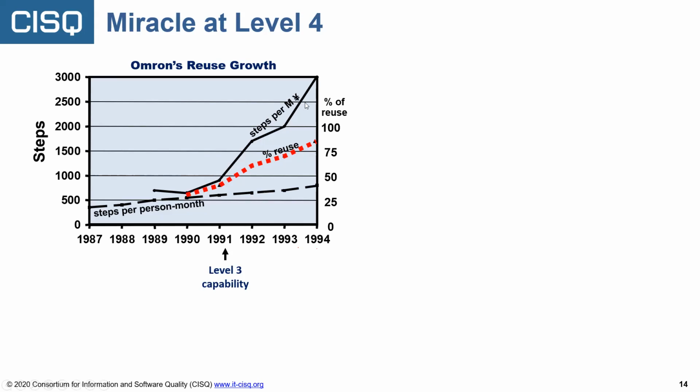A step is roughly the equivalent of a line or a function. It's how they measure the amount of stuff they're producing, the volume of product they're producing. And so lo and behold, this went on a whole new path, and the productivity exploded because they had a standard process.